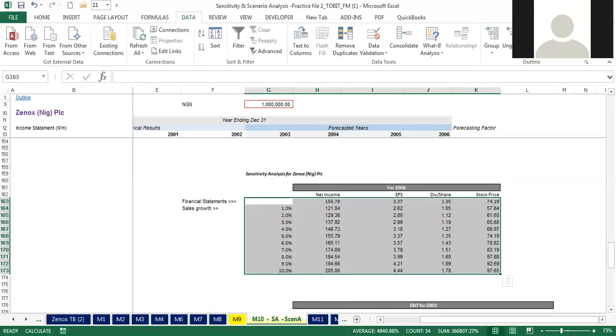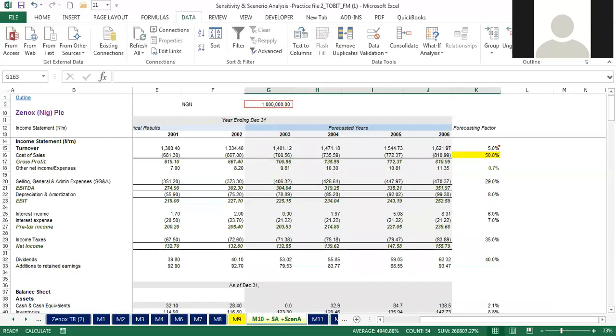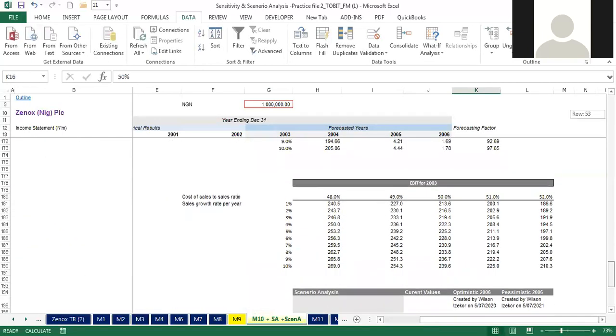So if we now change this forecasting factor, we're going to be seeing how sensitive our forecast is to all those variables we have itemized. You can play with it on your own. You can change this to, what do you want? 4%. So if you change it to 4%, all this will change. You see now, they are changing.